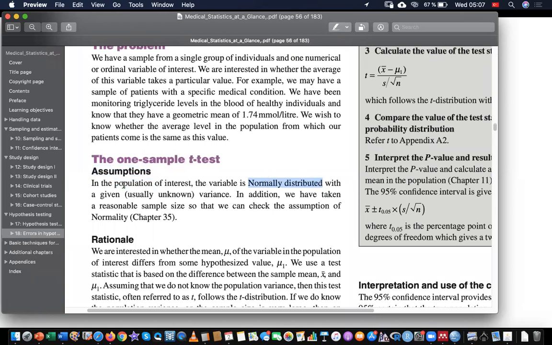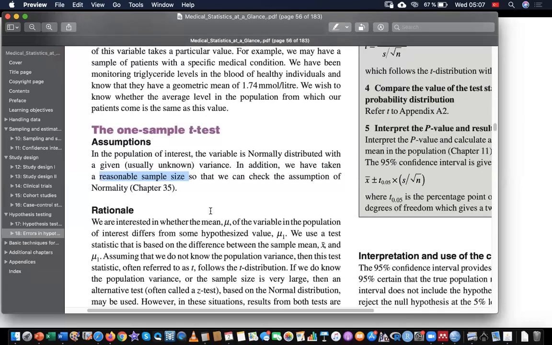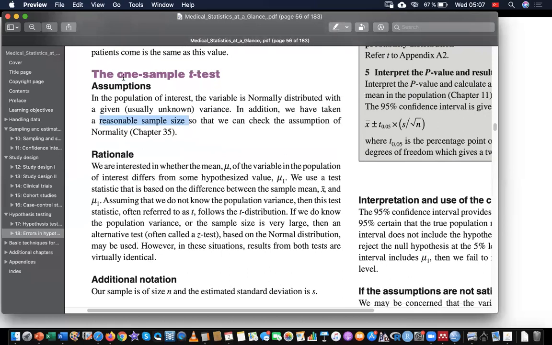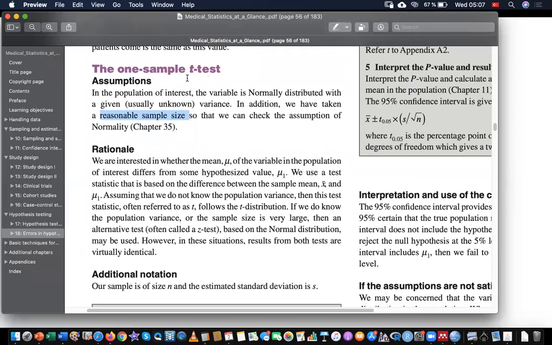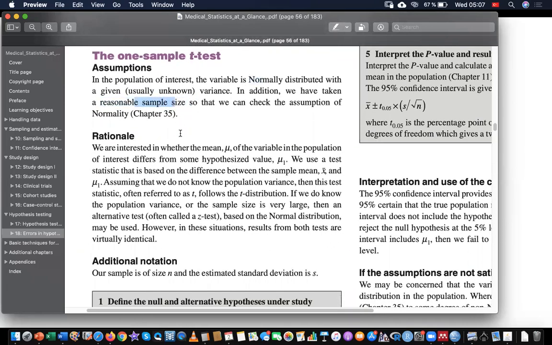The second assumption, this is assumption one, and the second assumption is you have to have a reasonable sample size. So enough sample size and normal distribution are the two assumptions of this test. If I ask you what are the assumptions of a parametric test or of the one sample t-test, you should say it is normal distribution and reasonable sample size.